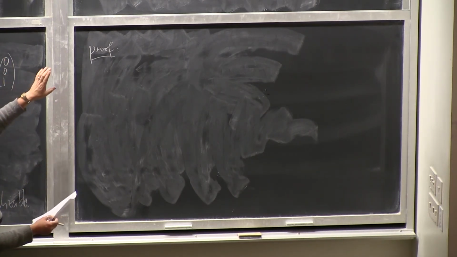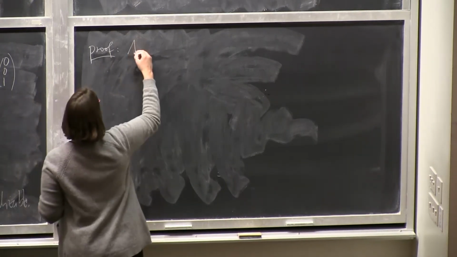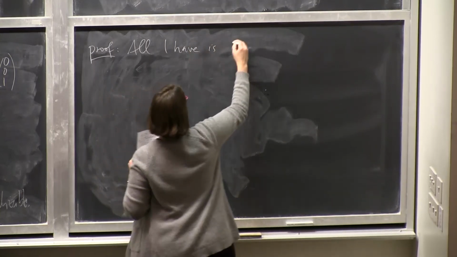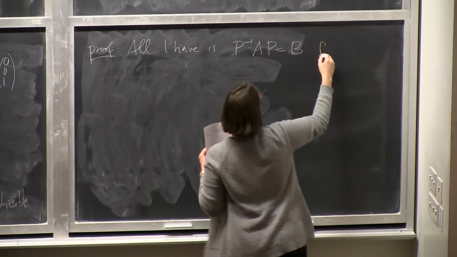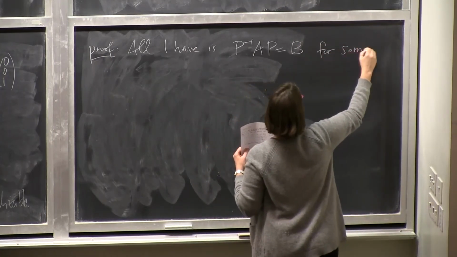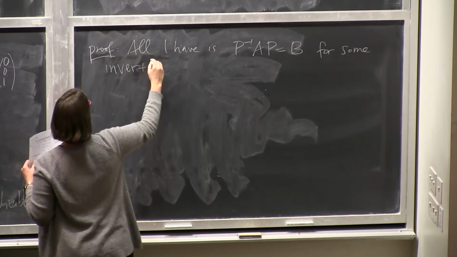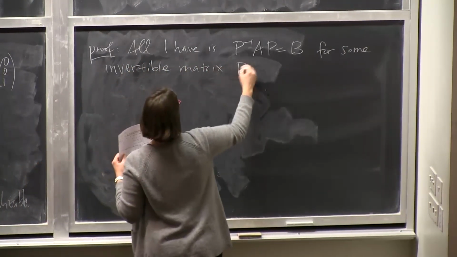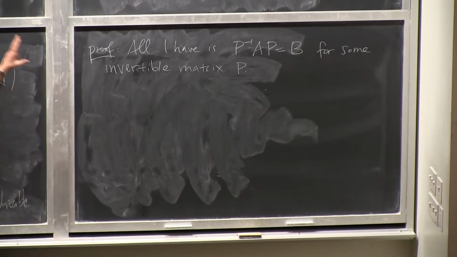But I'm not going to be using that A or B are diagonal. All I have is that P inverse AP equals B for some invertible matrix P. That's the only thing I have, and that implies all 4 of those.